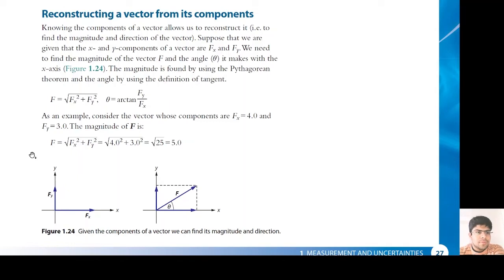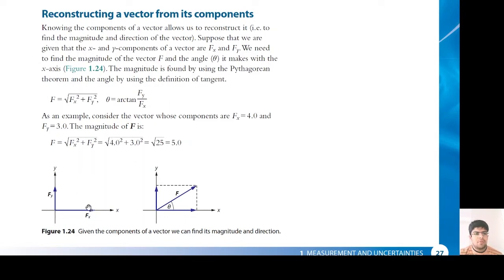As an example, consider the vector whose components are Fx equals 4 and Fy equals 3. The magnitude of F is the square root of Fx squared plus Fy squared, which is 4 squared plus 3 squared, the square root of 25, which is 5.